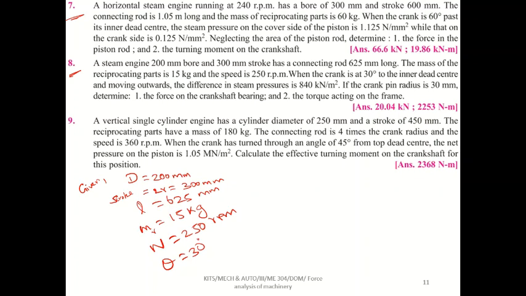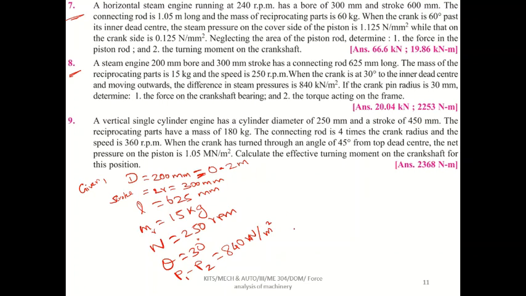The difference between the steam pressures, P1 minus P2, equal to 840 kilonewton per meter square. See, they are given here in kilonewton per meter square. So you have to convert the diameter into meter, 0.2 meter.